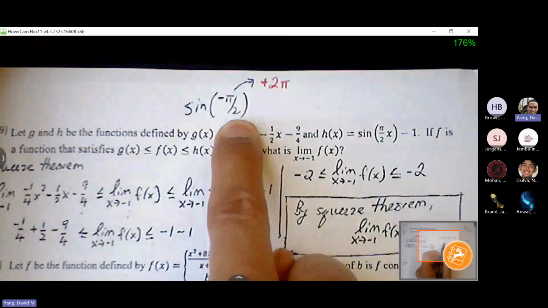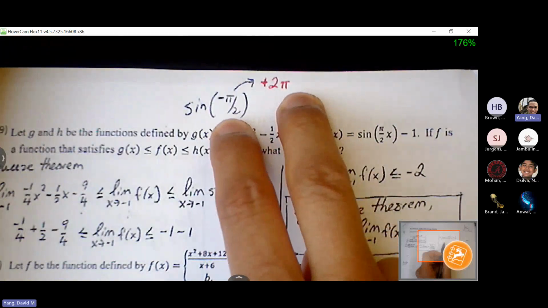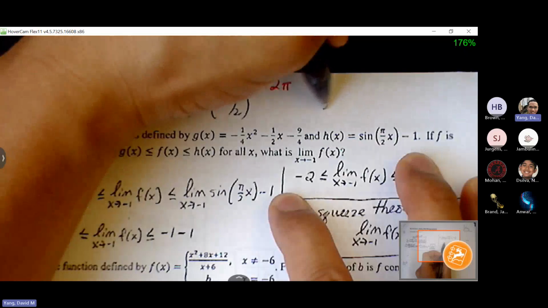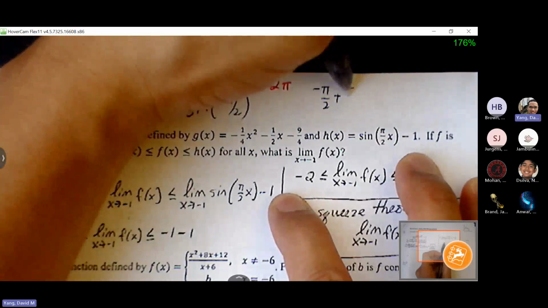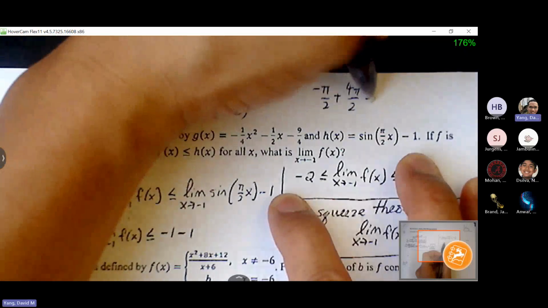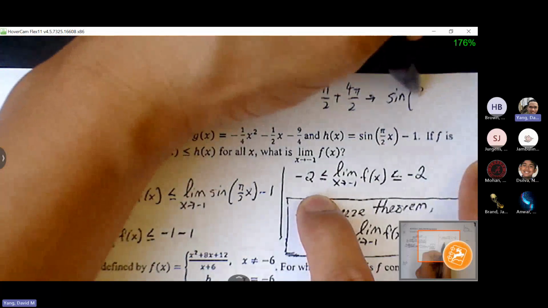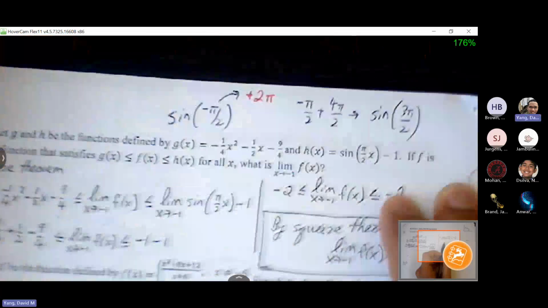So a variation of negative pi over 2, a co-terminal angle, is by adding 2 pi. So negative pi over 2 plus 2 pi, same thing as plus 4 pi over 2. And then this becomes more recognizable, right? 3 pi over 2.